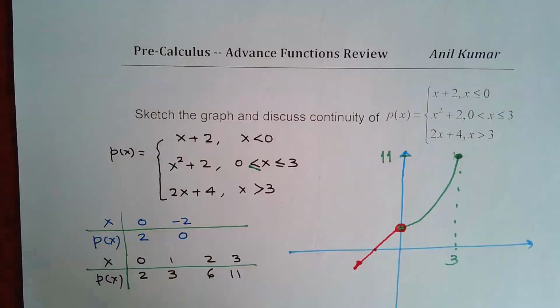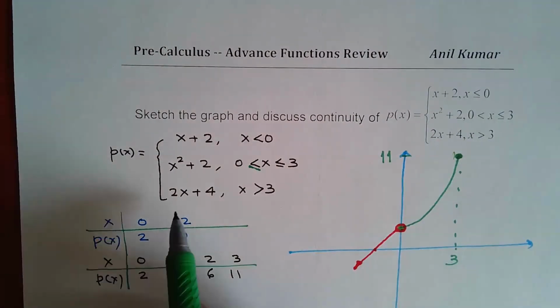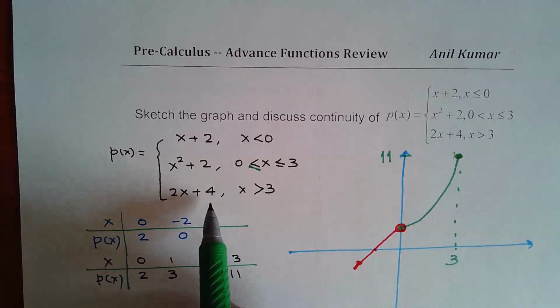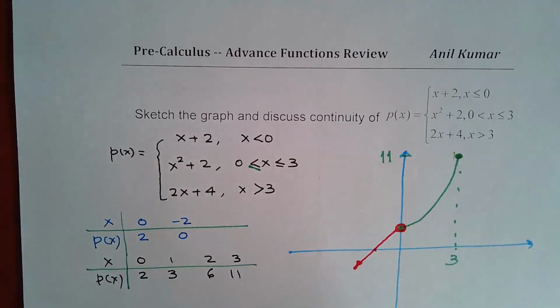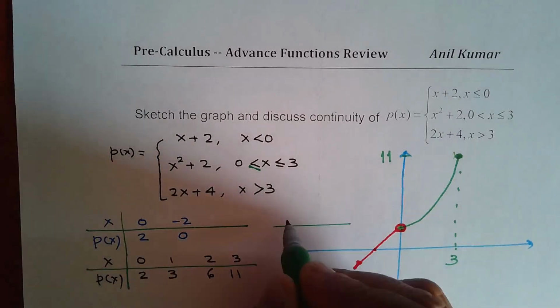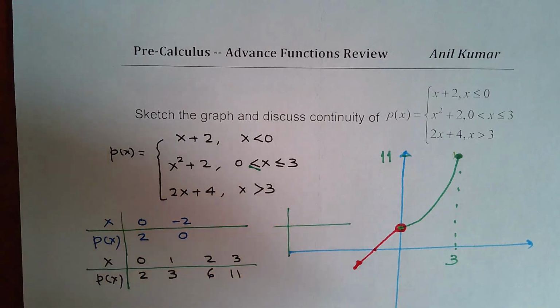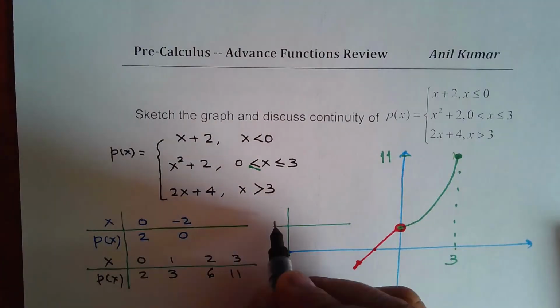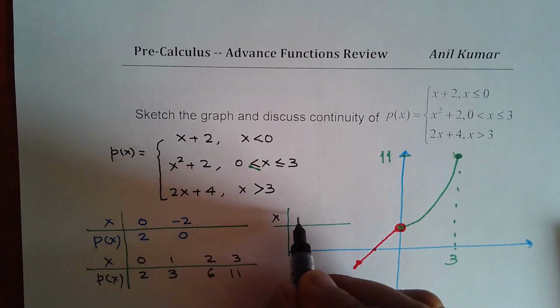Okay. Now let's look into the third piece, which is again a line, for x greater than 3. We only need 2 values, so let's take 3 and 4.